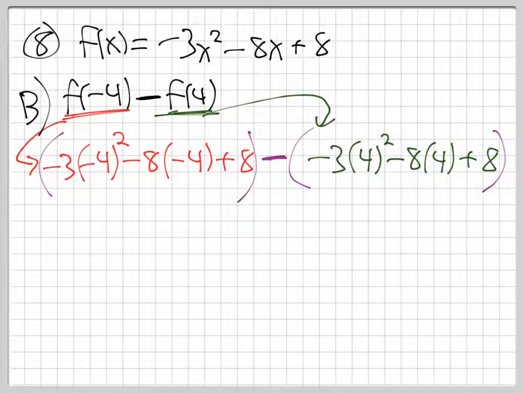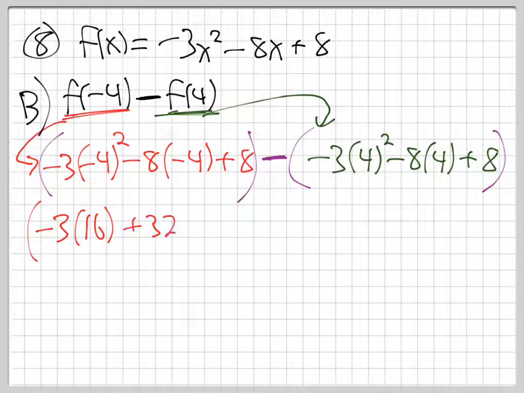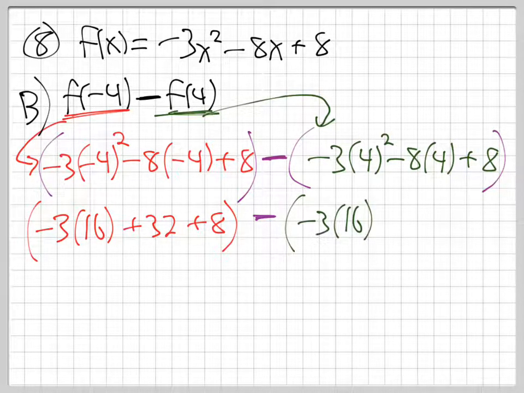So let's work it out now. So now you just crank it with your calculator. What is it? 16. And that's going to be plus 32. It's going to be minus 3 times 16 minus 32 plus 8.